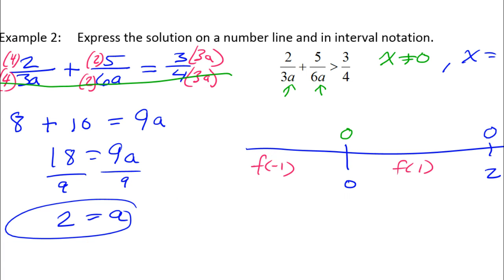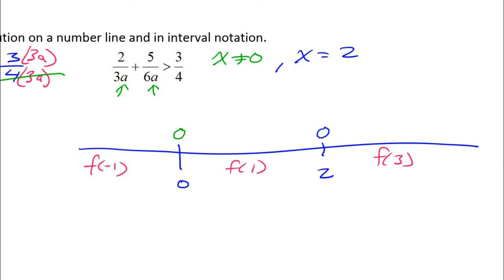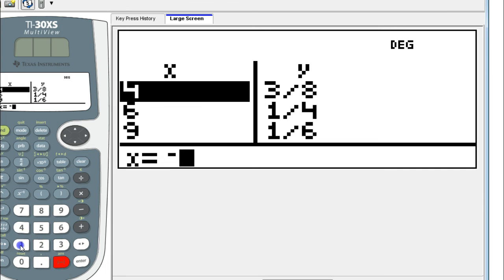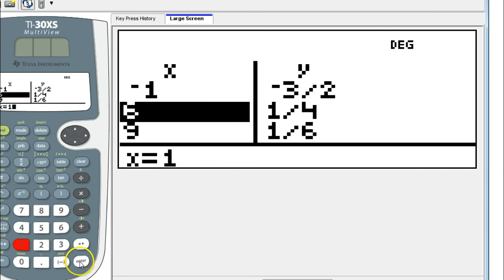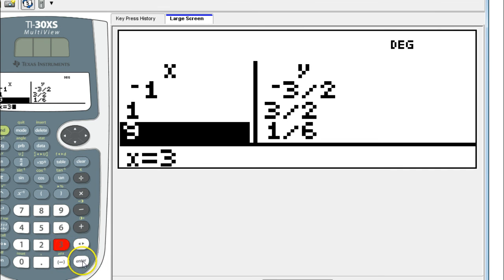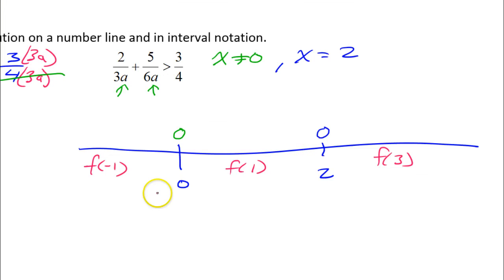The values I want to evaluate are -1, 1, and 3. So I'll do -1, +1, and 3. I've got -3/2, 3/2, and 1/2.